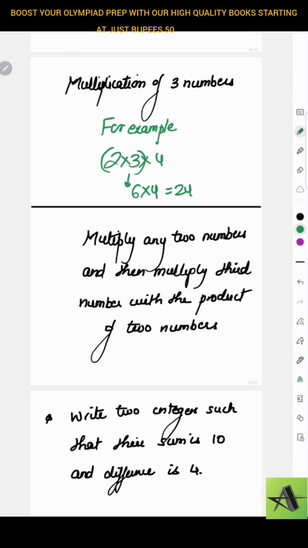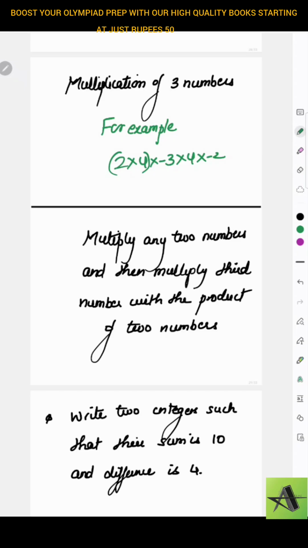So this is how you multiply three integers: multiply two integers at a time and then multiply the product with the remaining integer. If you have 5 integers to multiply, do the same. Suppose it's 2 times 4 times negative 3 times 4 times negative 2.